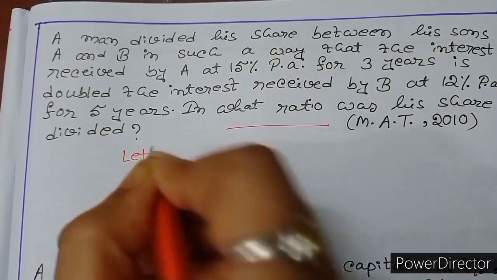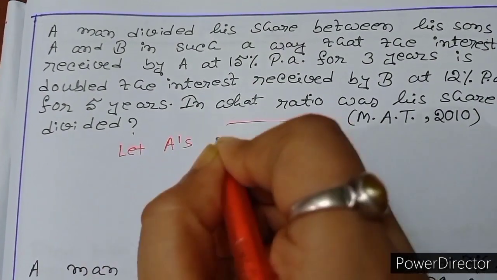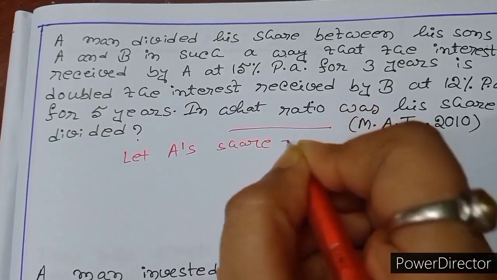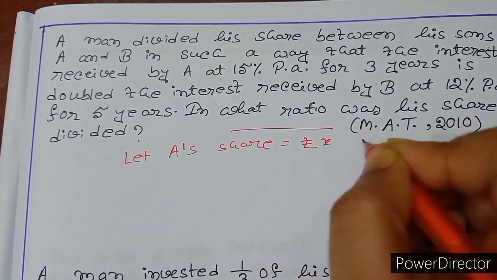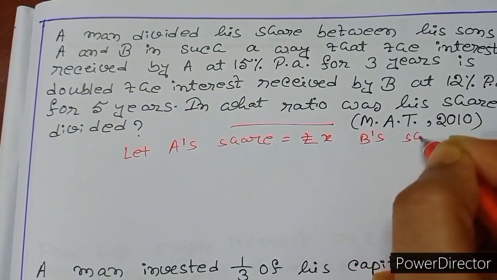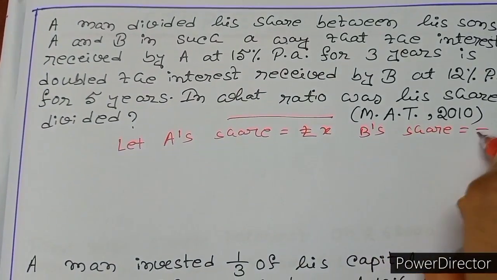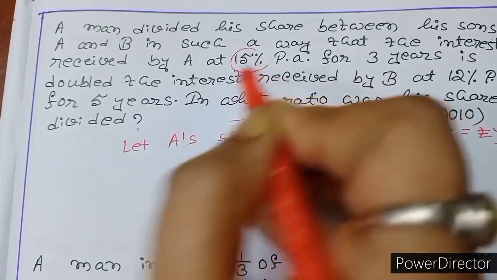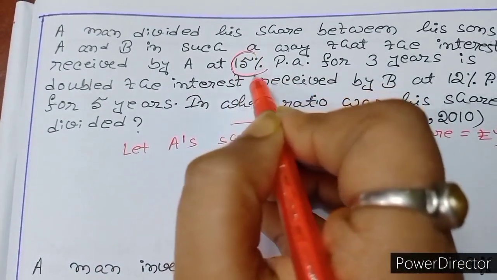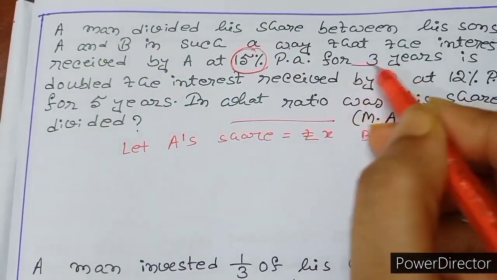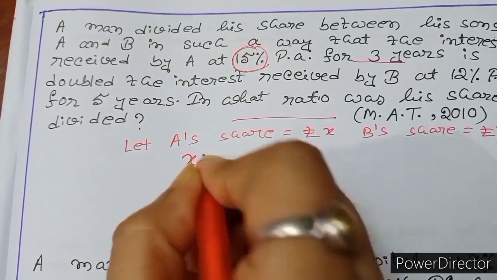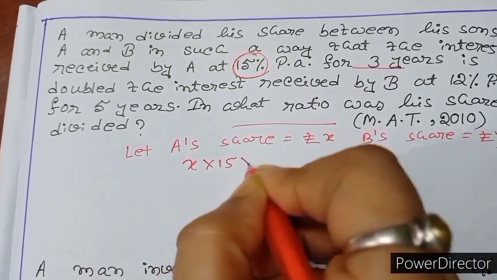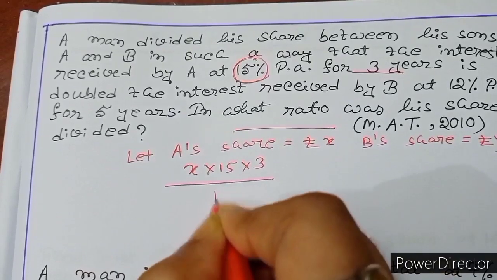So we assume let A's share X and B's share Y. Here A at 15% per annum for 3 years means X into 15 into 3 by 100.